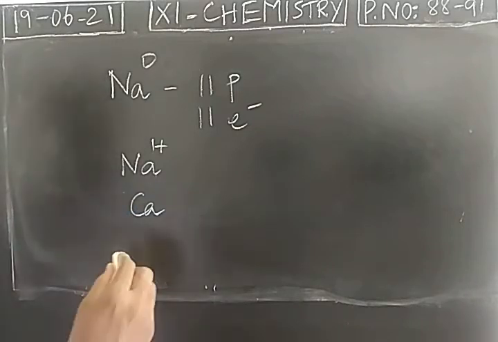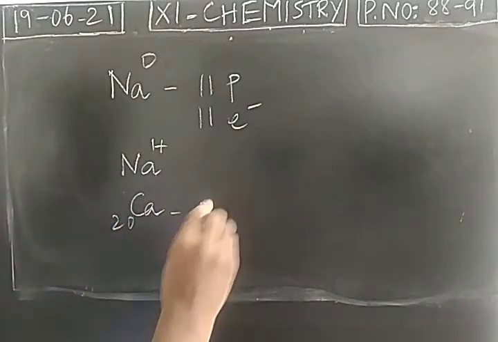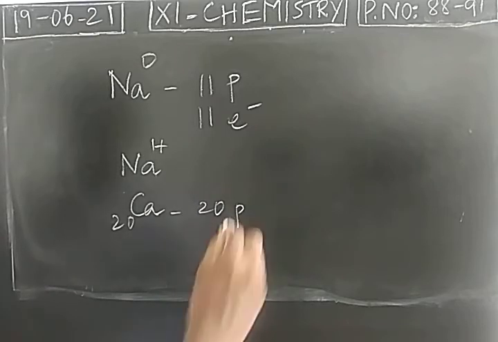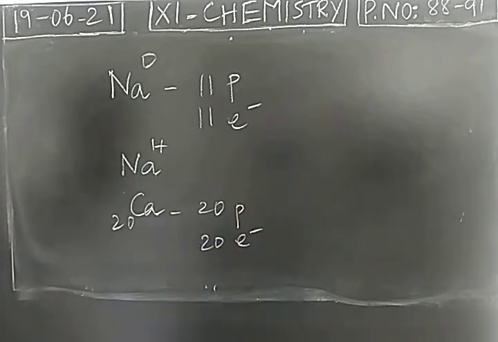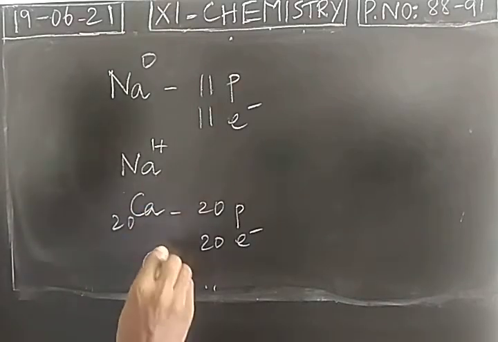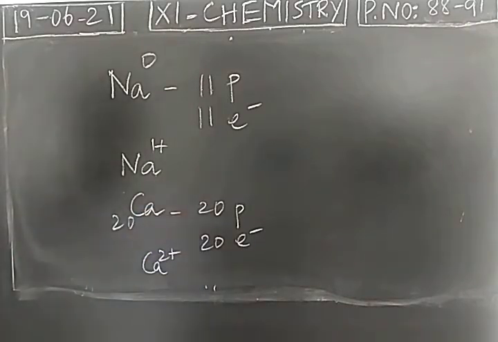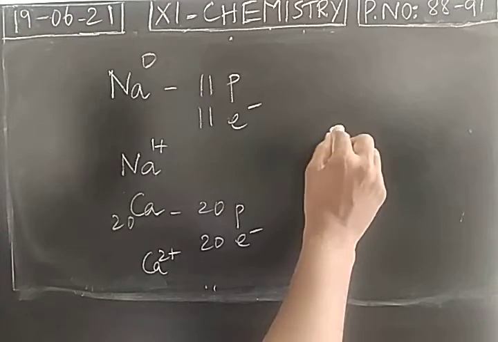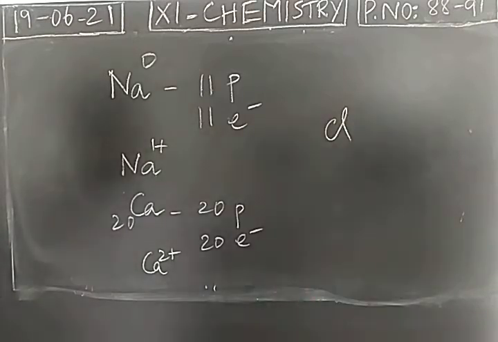Neutral calcium has 20 protons, 20 electrons. To attain stability, like argon, it loses 2 electrons, so it becomes a calcium cation. Now what is the oxidation state? 2 plus. The same way for chlorine also. Chlorine gains an electron to become like argon.